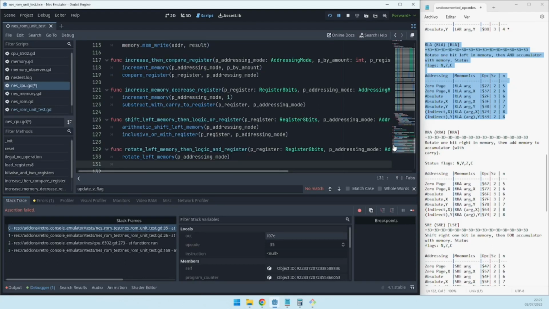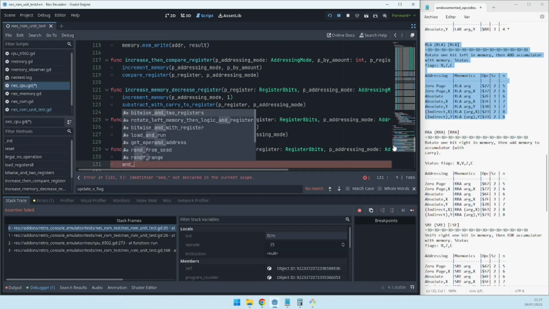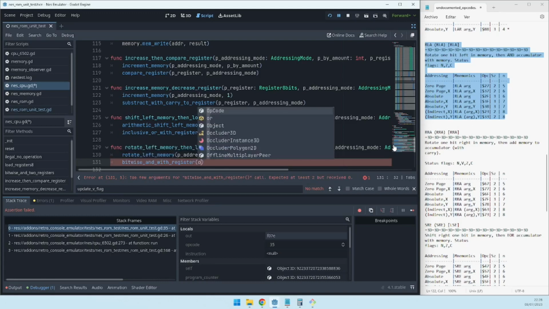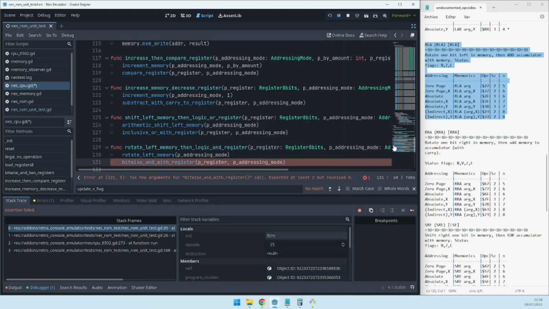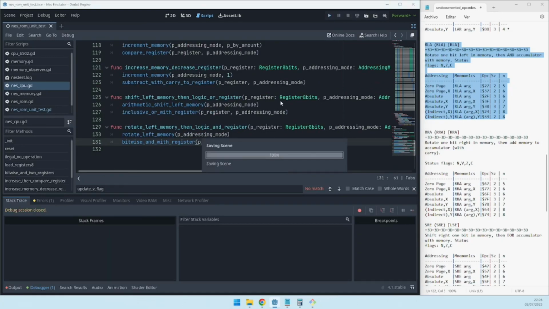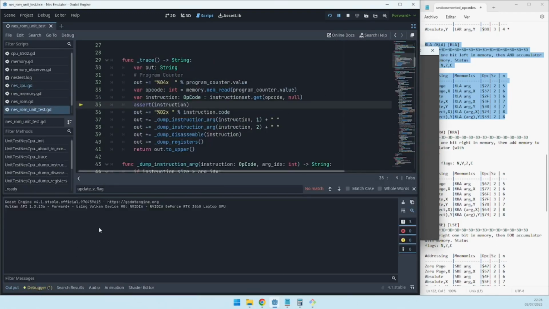And now we have bitwise AND with register. So we pass the register and the addressing mode. And if we are lucky, that will be all. Famous last words. And indeed, that worked out of the box on the first try. Awesome.